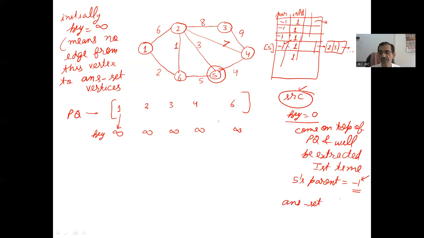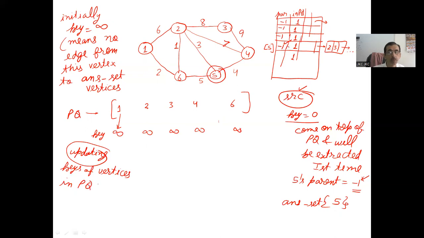Now comes the important step through which the whole logic will work. We said the key is supposed to be updated, for all the vertices which are in PQ. How to update?